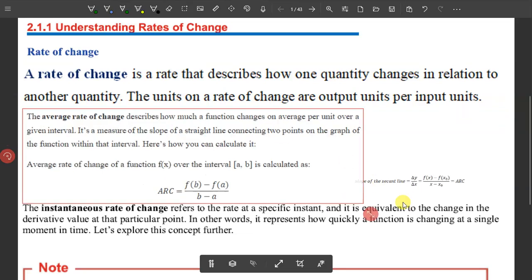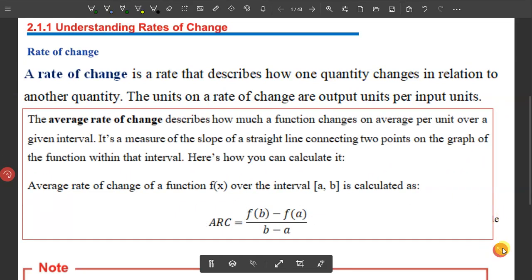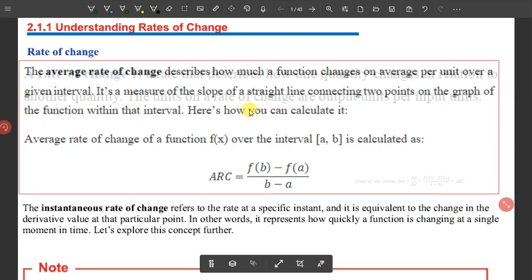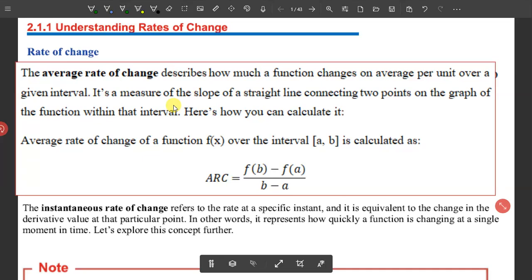Another thing is the average rate of change. What is the average rate of change? Particularly, in this section we are interested in the average rate of change of a function.